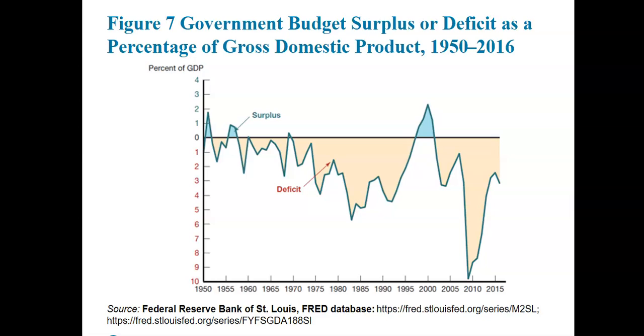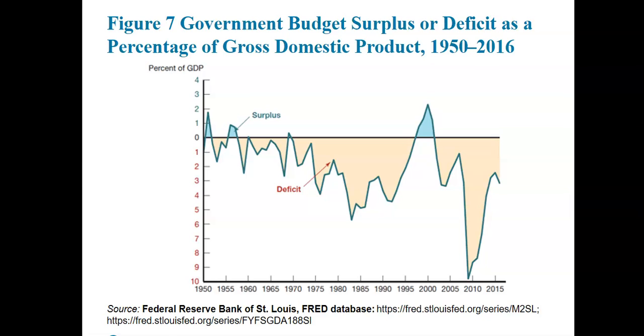This graph shows the government budget surplus or deficit as a percentage of our gross domestic product from 1950 to 2016. As you can see, having a budget deficit is more common than having a budget surplus.